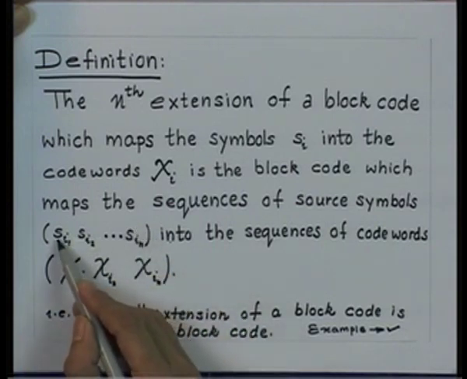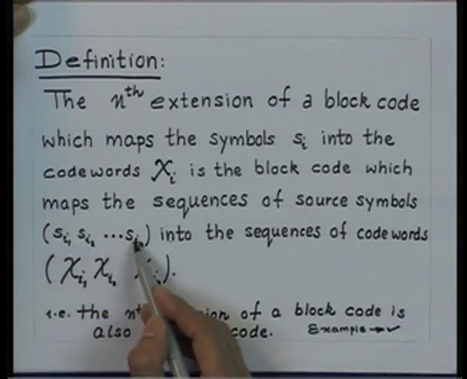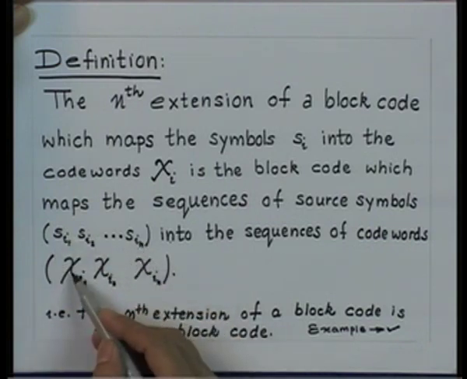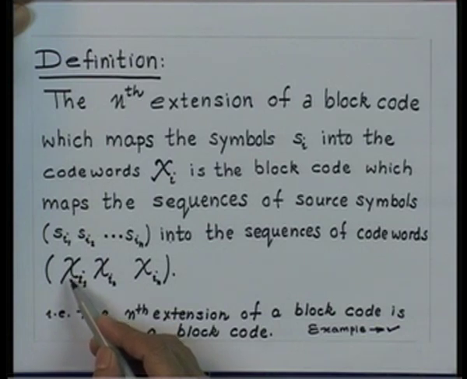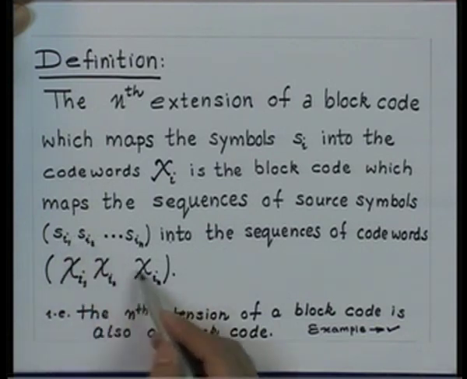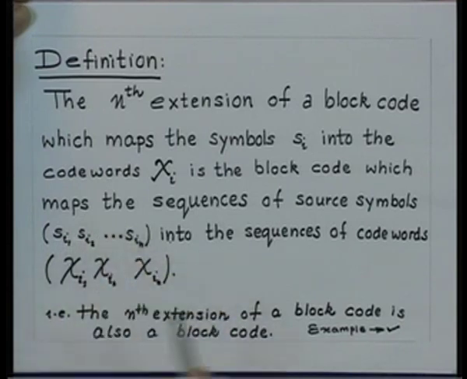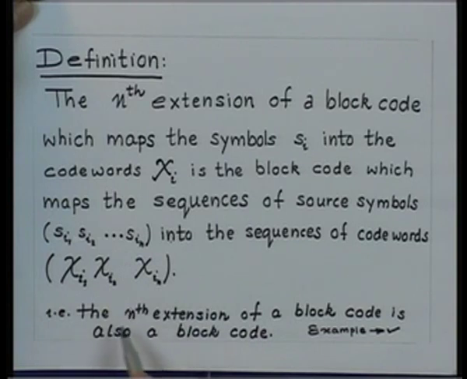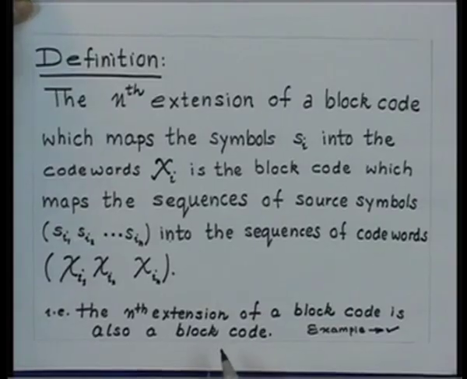So, you form the sequences of source symbols of length n, then to get the sequence of code symbols you just concatenate the corresponding code words. Now, by definition, the nth extension of a block code is also a block code.